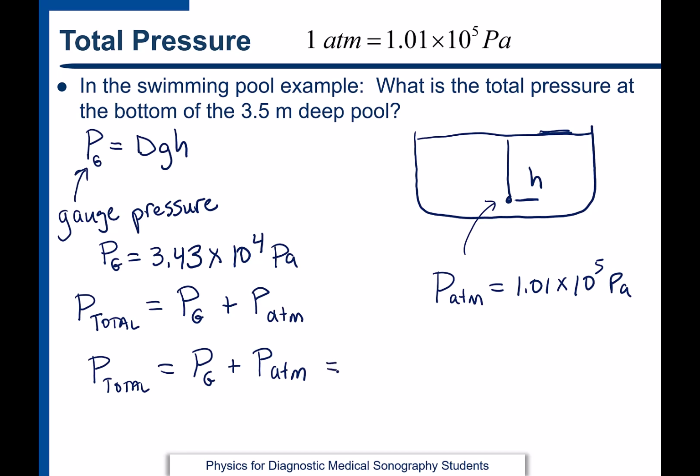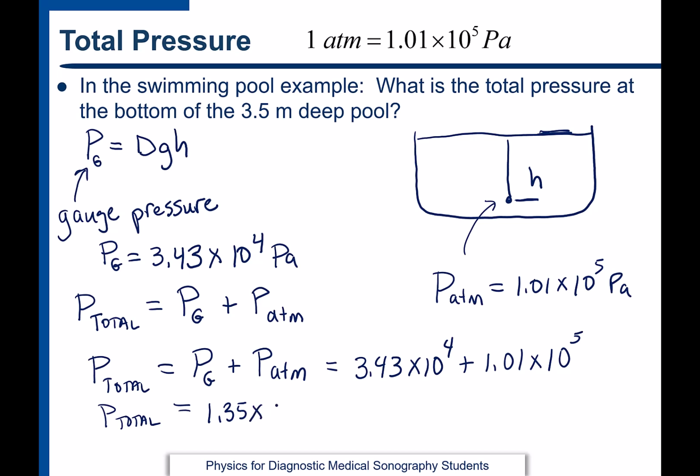That's going to be 3.43 times 10 to the fourth plus 1.01 times 10 to the fifth. And what we get then for the total pressure is 1.35 times 10 to the fifth Pascal.